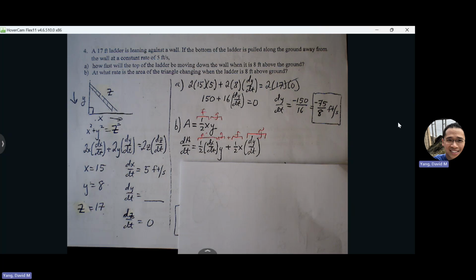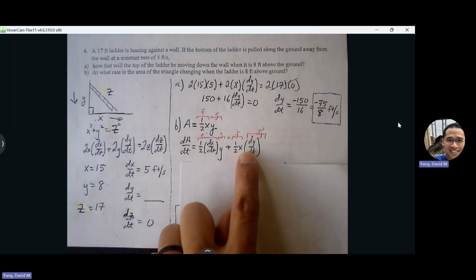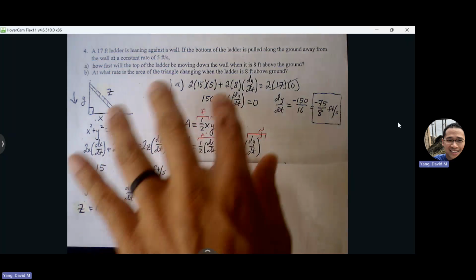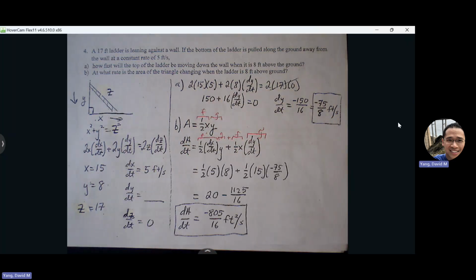Area is two-dimensional, right? So feet squared per second. Once you have your product rule ready to go, then you're just pulling all the information from part A to get to your answer. And if you leave your answer in decimal form, that's fine as well.